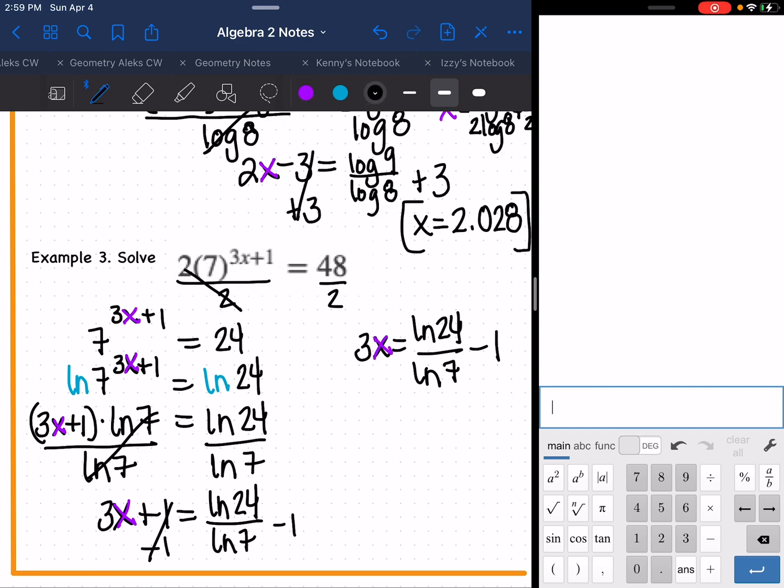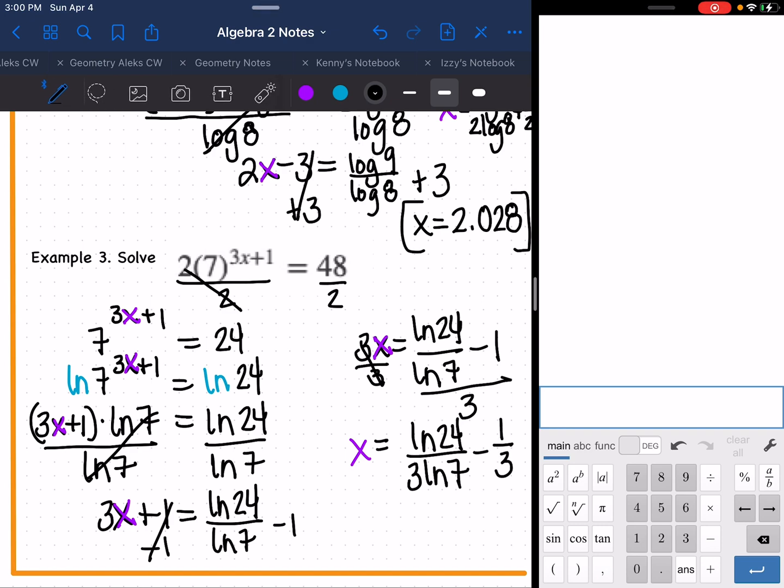To get the x alone, I'm going to go ahead and divide by 3. Remember, when I divide by 3 like this, the 3 is going to go into the denominator. Oops, there we go. I was thinking ahead of myself. In front of the natural log of 7, and then underneath the 1.